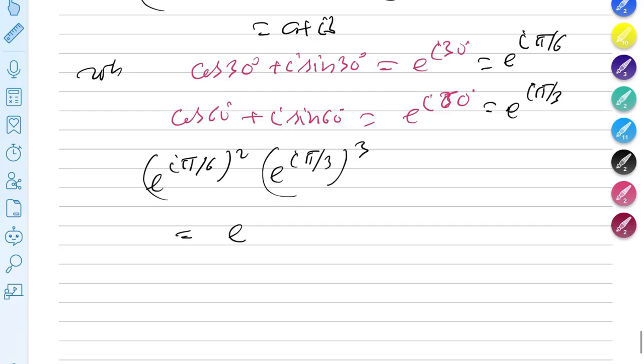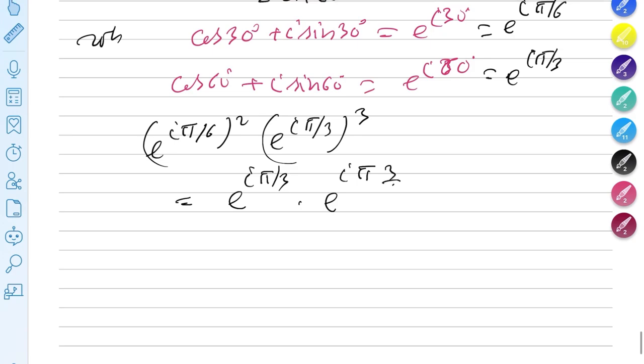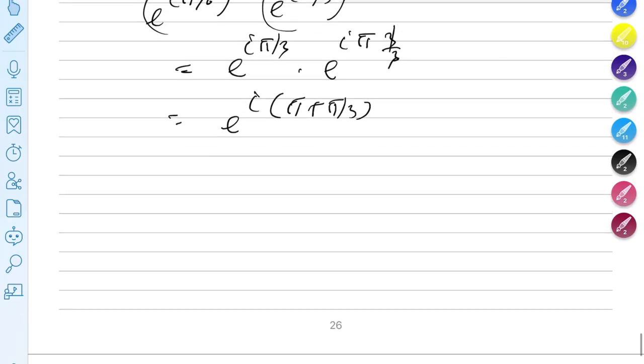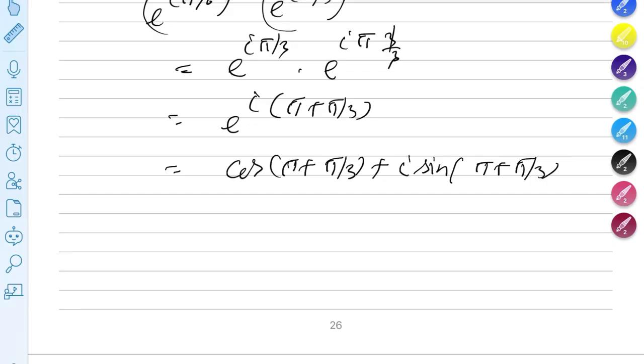Solving it, I will get e to the power i pi by 3, and the 3 by 3 cancels. So I will get e to the power i (pi plus pi by 3). Now writing it in trigonometric form, we have cos of (pi plus pi by 3) plus i sin of (pi plus pi by 3).